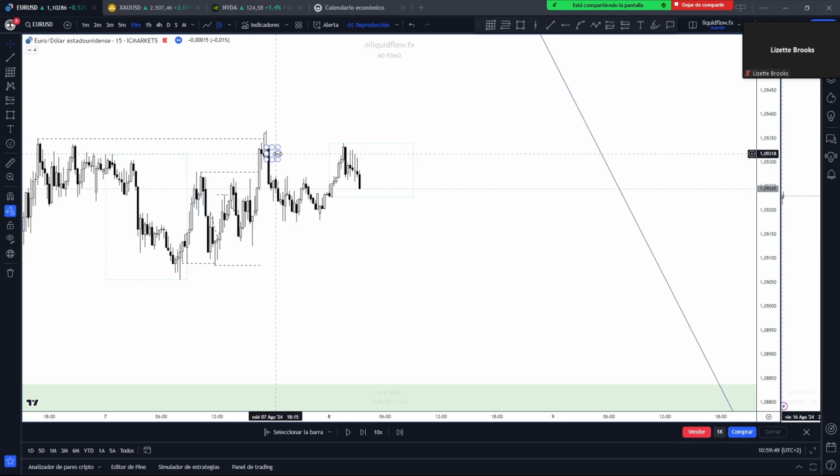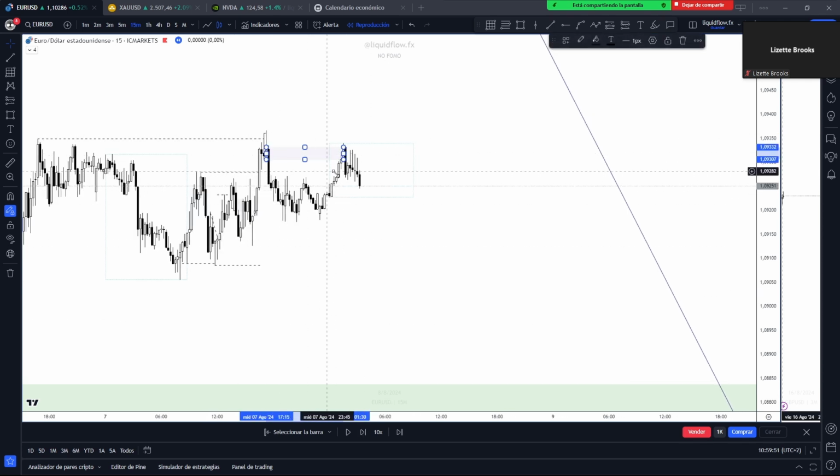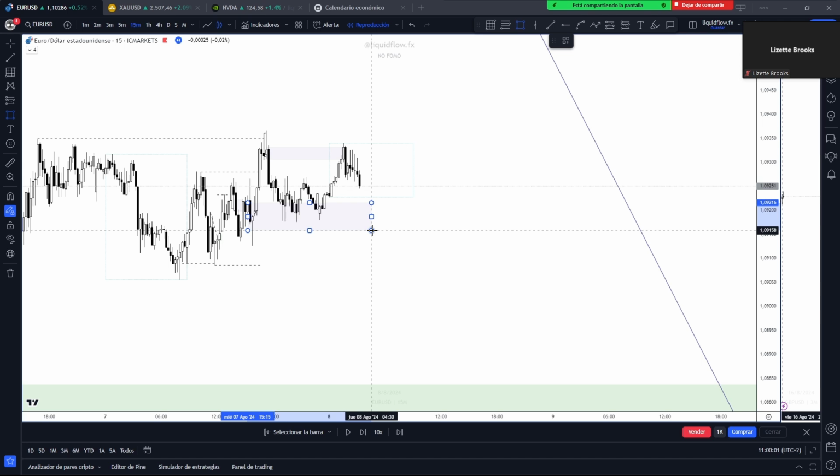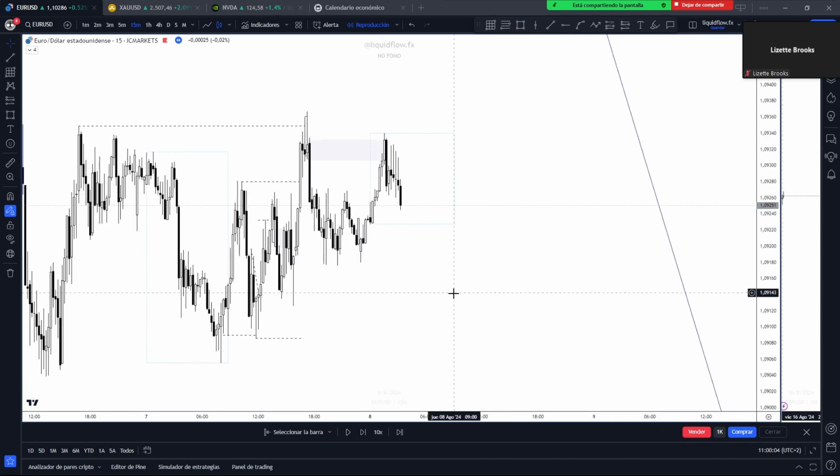You see, it sweeps here, but does not take all, because here we have what? We have an internal price action. So here already, that's probably a target.